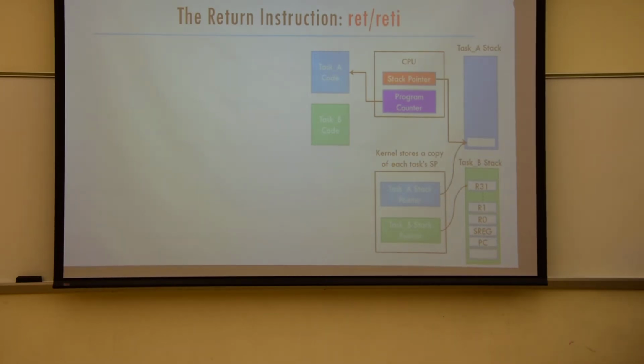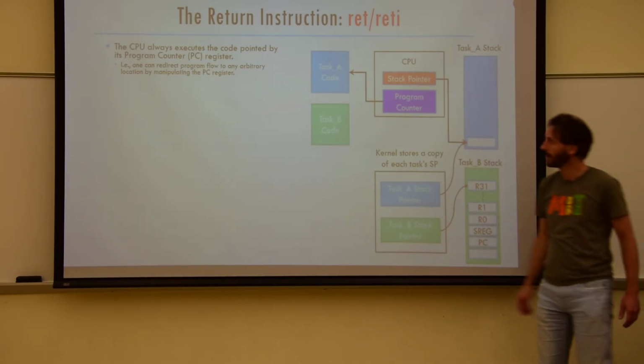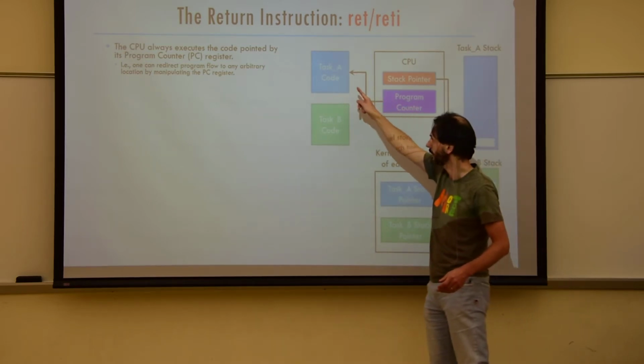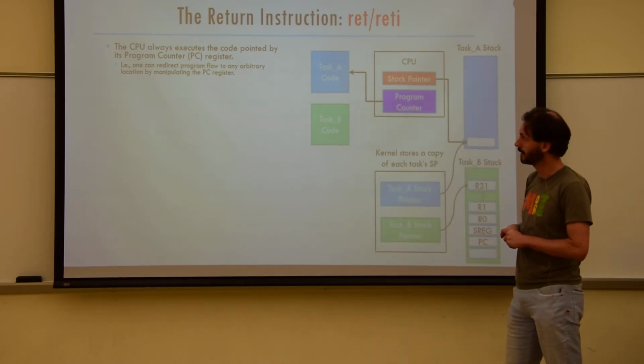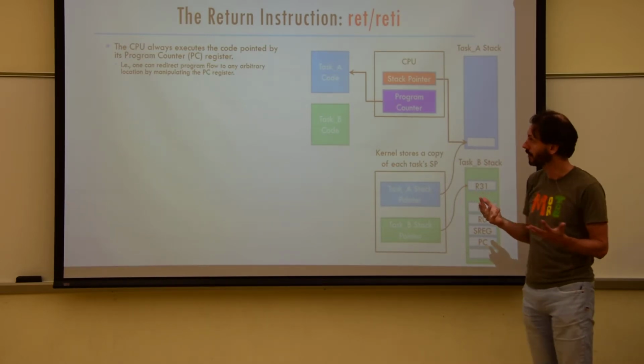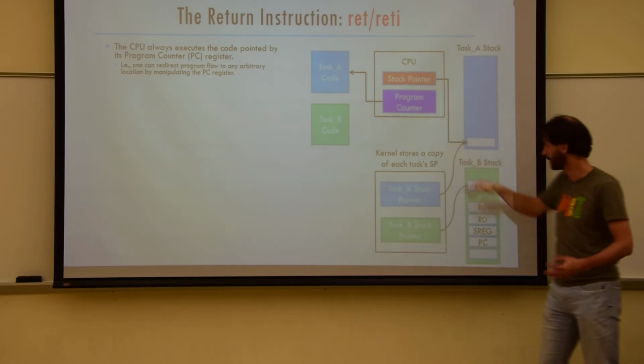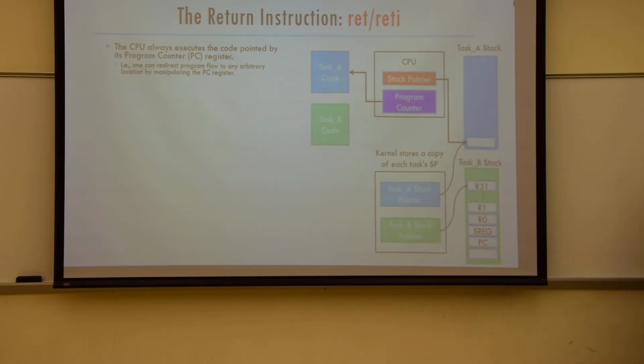So let's have a look at this. The CPU always executes the code pointed to by its program counter. So here it is, and one can redirect the program flow to any arbitrary location by manipulating this PC register, but you're not allowed to do it just like that.